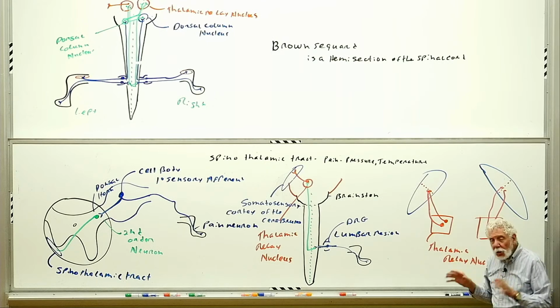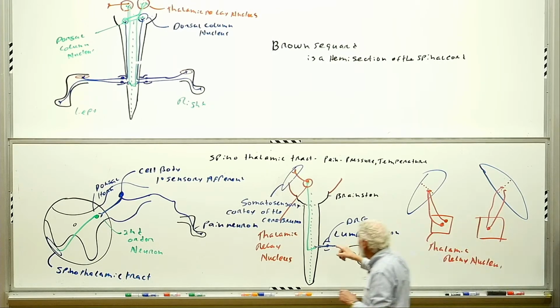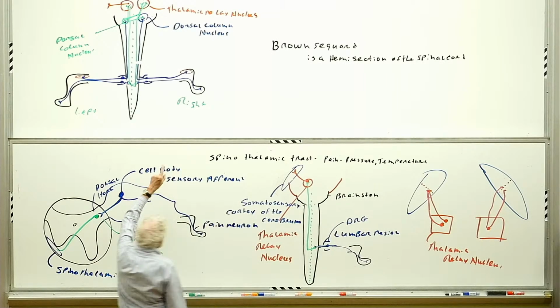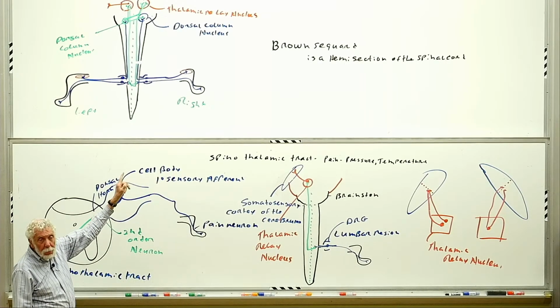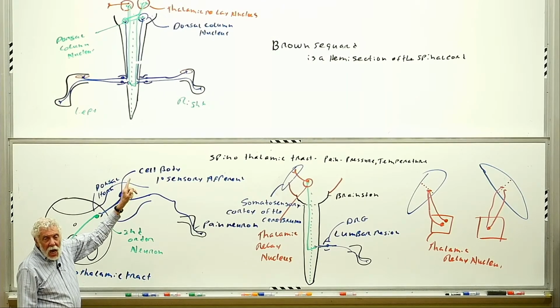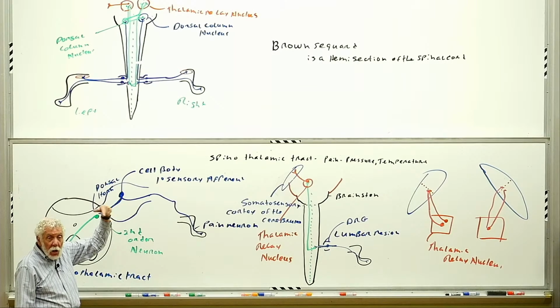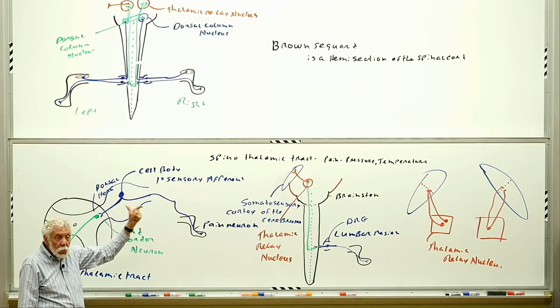Now, what you have to imagine is that we've only talked about 2 neurons. We followed the 2 neurons that came from the lower limb. There'll be thousands and thousands of these, all feeding into the thalamus, and now feeding into the somatosensory cortex.